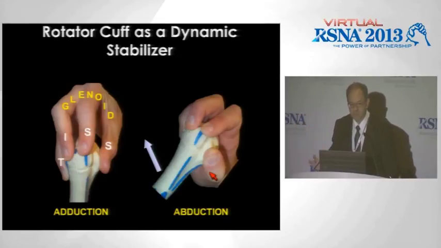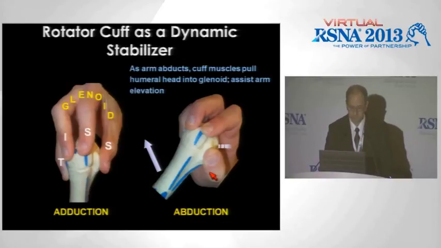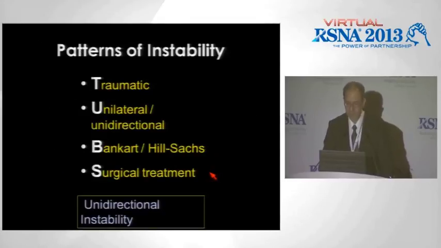So if you have instability related to a cuff tear or related to labral damage, you can get the humeral head translating upward as you try to abduct, facilitating the impingement process. So instability can lead to impingement, but impingement can also lead to instability as rotator cuff dysfunction causes muscle imbalance and subluxation. So these things are related.